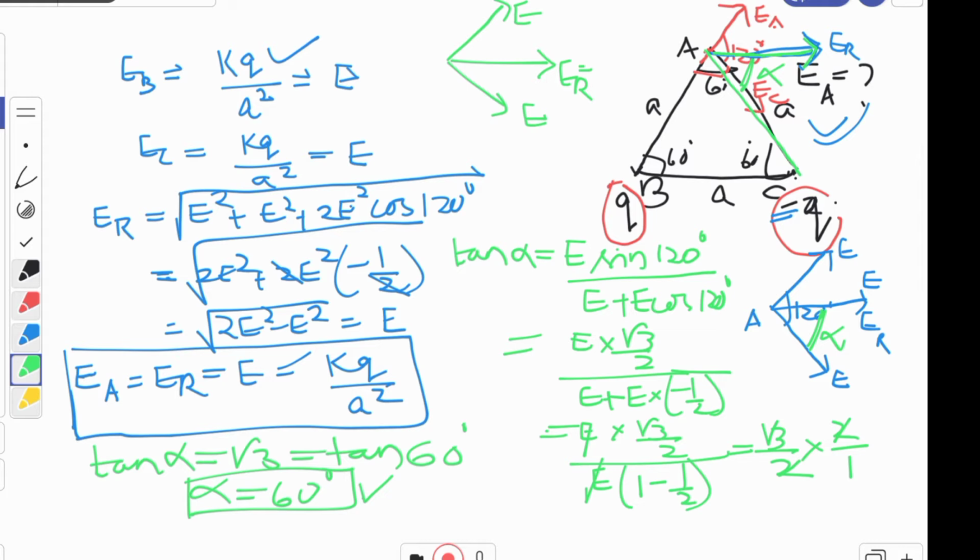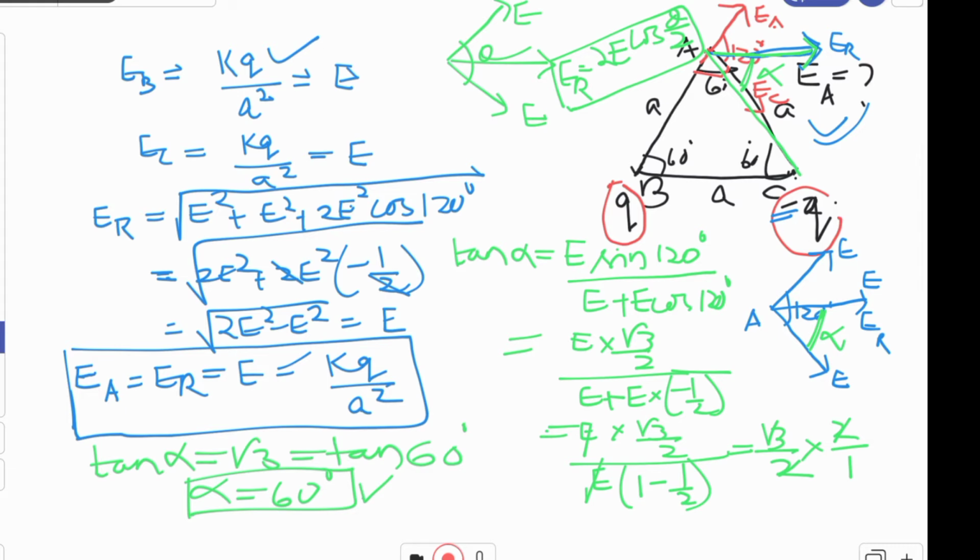As per the formula it will be 2E, and if the angle is theta, it will be 2E cos theta by 2. This thing you know. If you don't know, let me explain how to get it. Remember this. This is the shortcut formula. Hope you are noting it down.